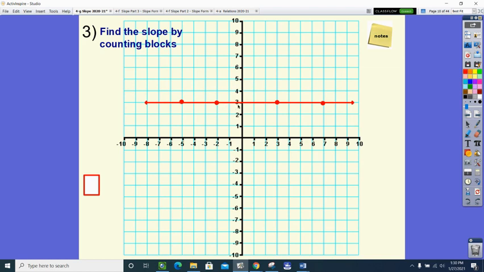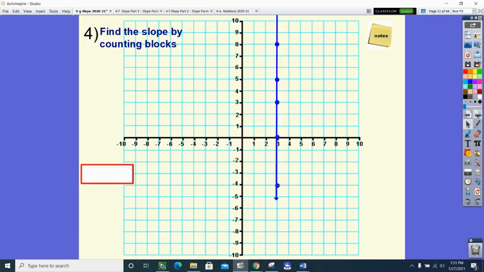If we counted between any number of points, between these would be 5, you'd have 0 over 5, or 0 over 4, or 0 over 3. 0 in the numerator over any number other than 0 is a 0. So think of the floor, which is a horizontal surface, it doesn't have a slope. It's a 0 slope.